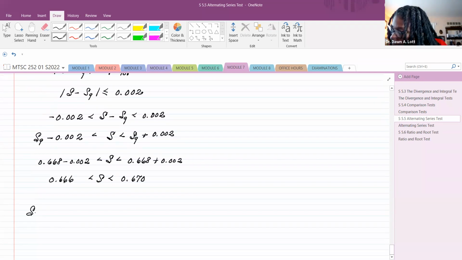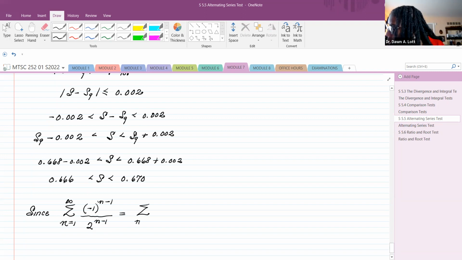So since the summation n equals 1 to infinity of -1 to the n minus 1 over 2 to the n minus 1 is simply equal to the sum n equals 1 to infinity of -1/2 to the n minus 1, it is just a geometric series.